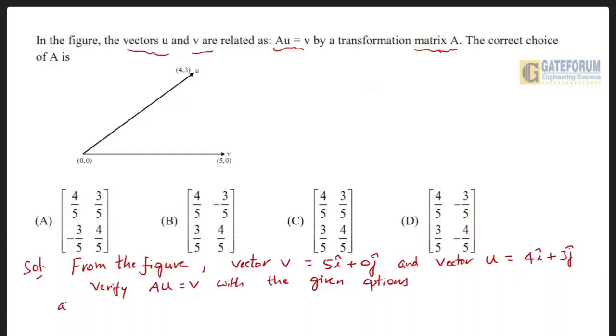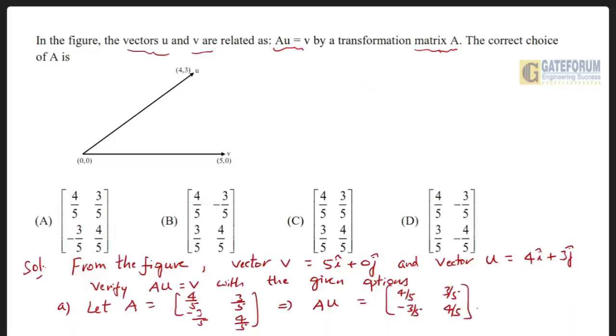So let us take option A, matrix A. How much? 4 by 5, 3 by 5, minus 3 by 5, 4 by 5, which is an orthogonal matrix. This implies A into U, that is this matrix into U. U means how much? 4, 3. 4i plus 3j can be written as either a column matrix or a row matrix.